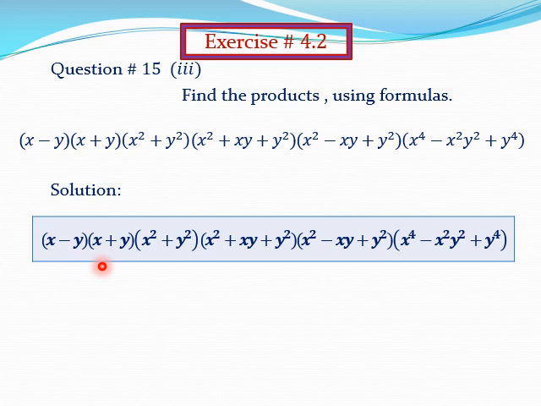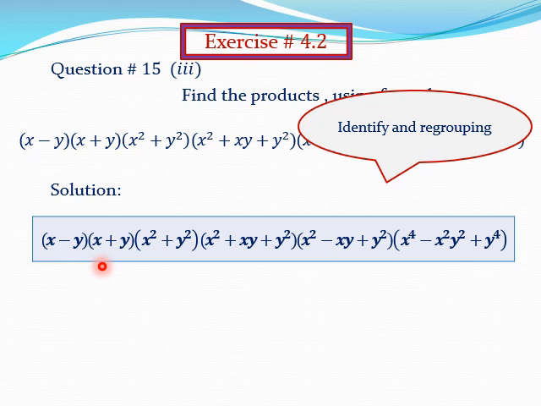The given expression, we write it as it is given. Identify and regroup. You can see the x − y factor. If we combine this with the factor x² + xy + y², then these two factors actually are the product for the difference of two cubes.